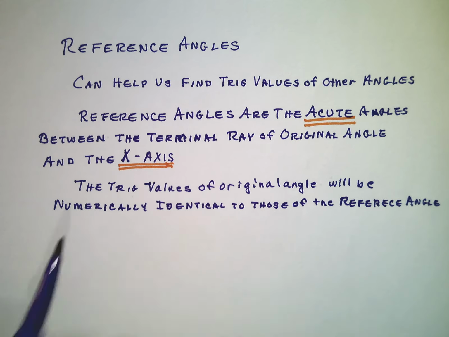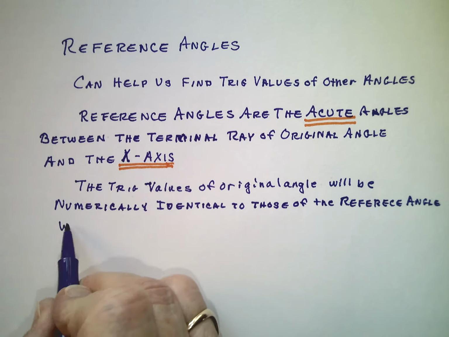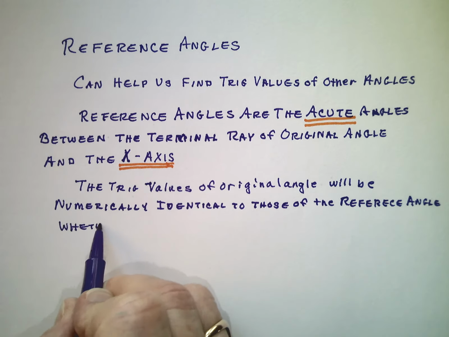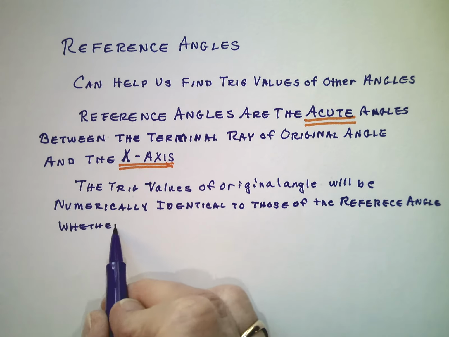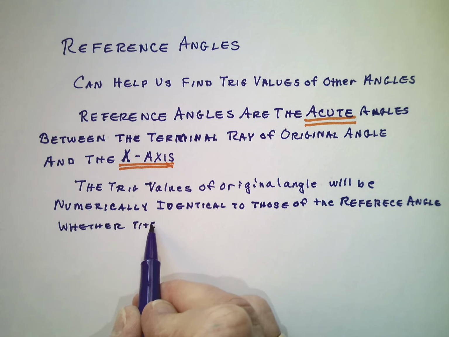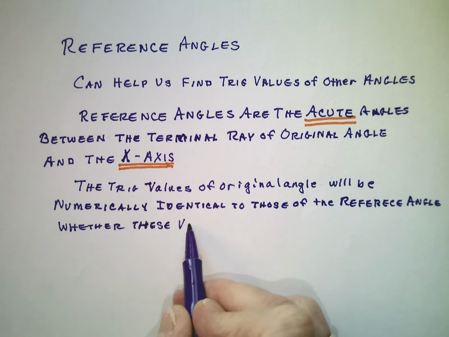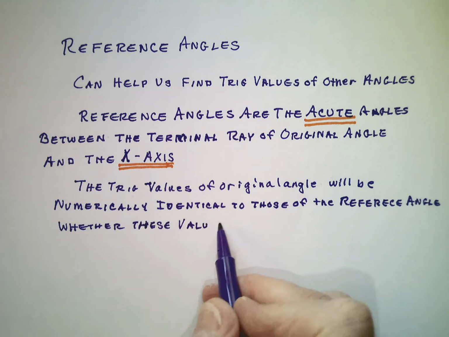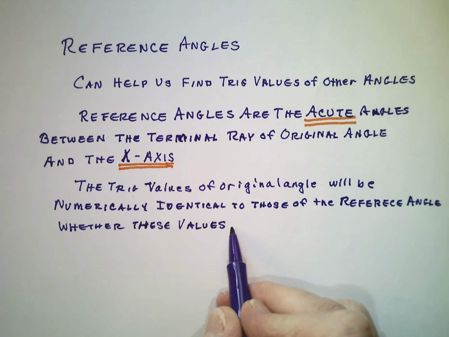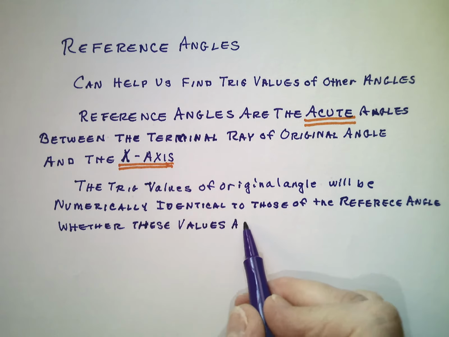There's just one little thing we've got to worry about, whether this value is positive or negative. Whether these values are positive or negative depends upon the location of the terminal ray. What quadrant are we in?